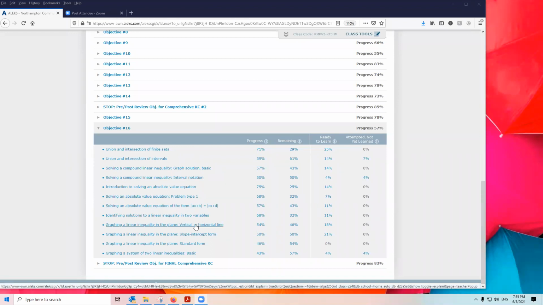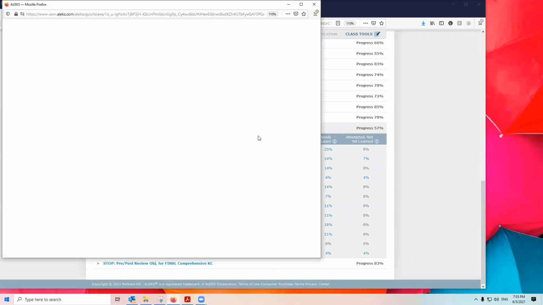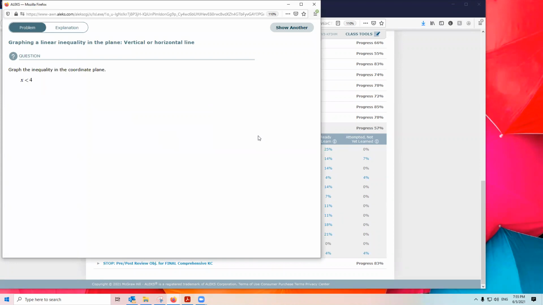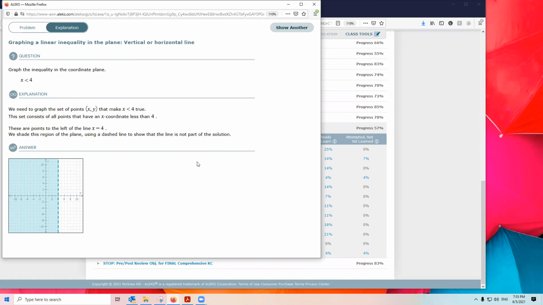Let's do a couple of graphing of these inequalities. All right, here's what it wants me to do. It wants me to graph this inequality, x less than 4. All right, well, here's the way you graph an inequality.